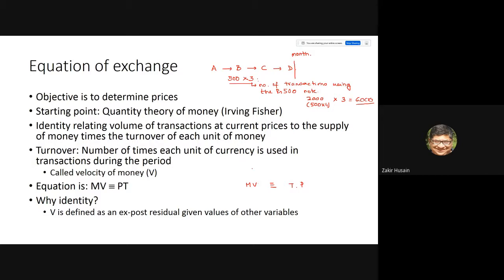If I issue a large number of currency notes, V will come down. So V is defined as an ex post residual, given the value of M, P, and T. If I give you the value of P, T, and M, you can always find the value of V, which will ensure that the two sides are always the same.